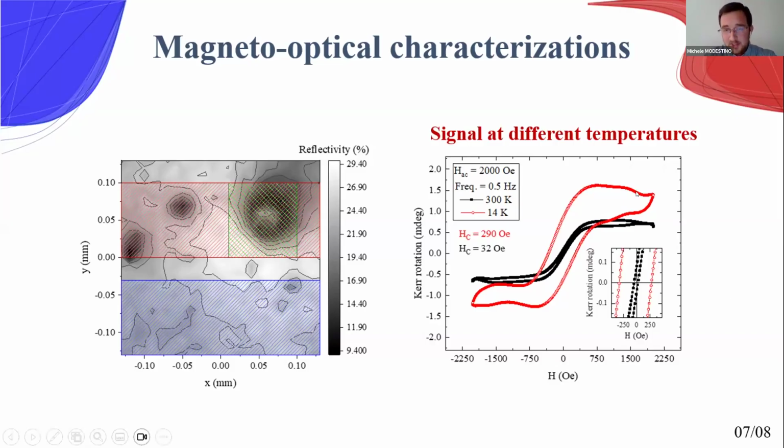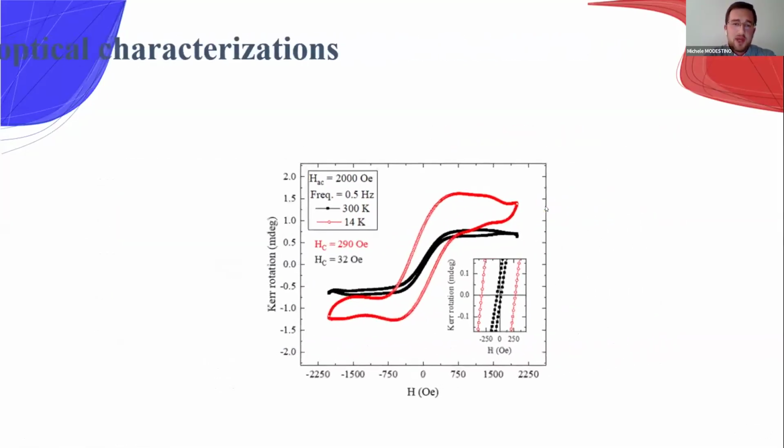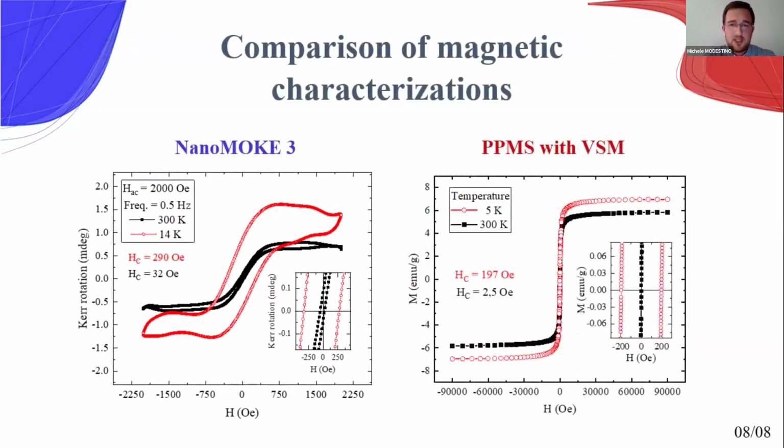And as can be seen, the coercivity field is reduced, but if we compare the coercivity field obtained by Nano-Mach3 and the coercivity field obtained by PPMS characterization, it is possible to see that the coercivity fields are different, but it is due to the fact that in case of PPMS characterization, we used a sweep rate for the field of 0.5 Hz per second, but in the case of Nano-Mach3, also at the frequency of 0.5 Hz, the sweep rate is of around 200 Hz per second.